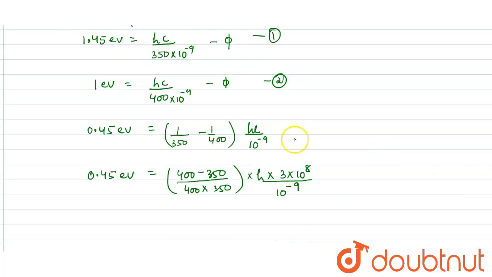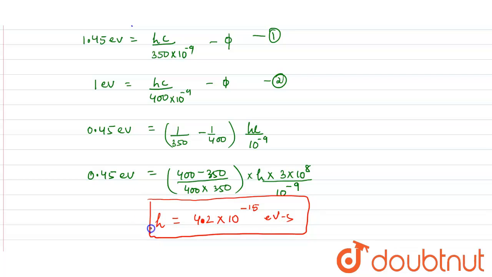On solving this we will get the value of Planck's constant h, and the Planck's constant h will come out as 4.2 into 10 raised to the power minus 15 electron volt second. Okay, so this is our Planck's constant.